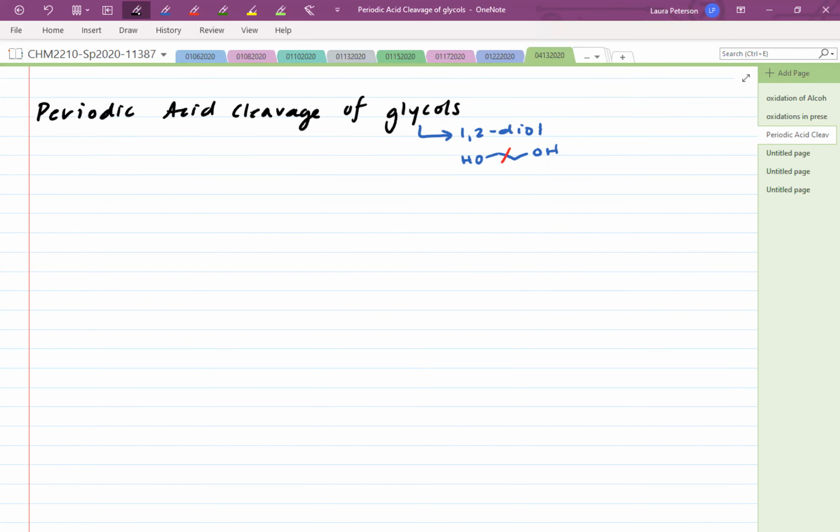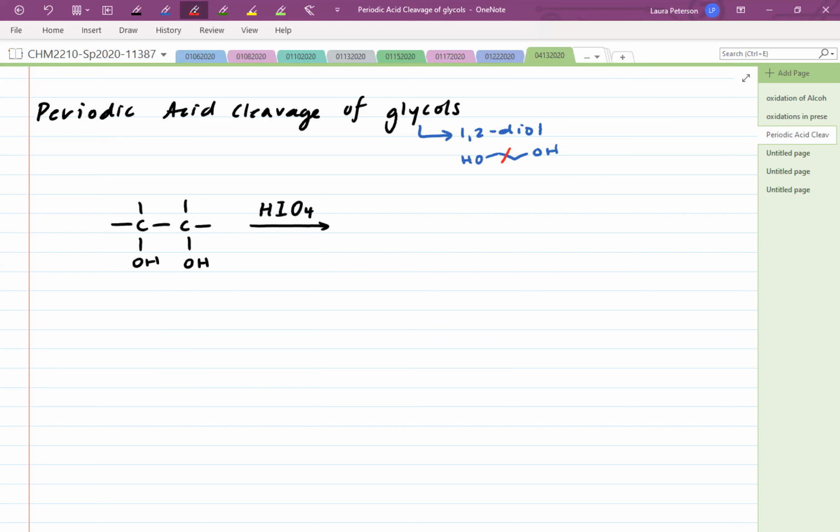Okay, so the reaction is going to look like this. Okay, so we're going to have our 1,2 diol, and it doesn't matter if there's other substituents around the carbons that bear the OHs. And the conditions are periodic acid, which is HIO4, that is periodic acid.